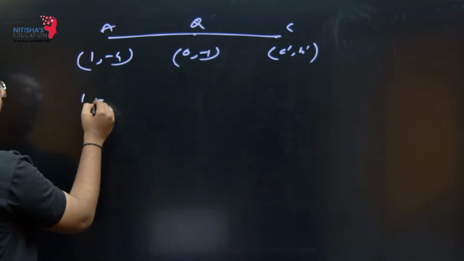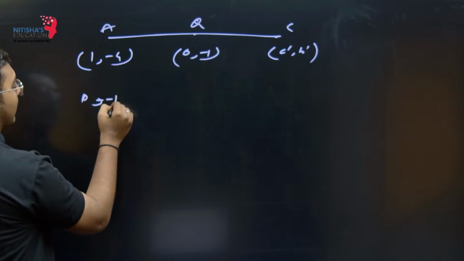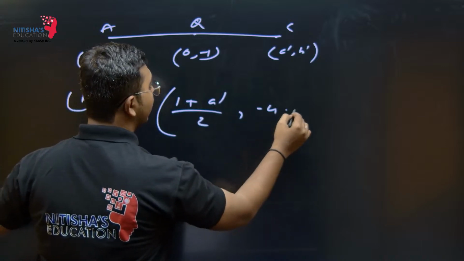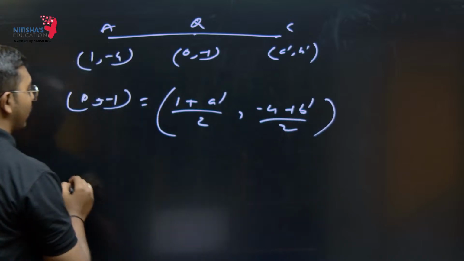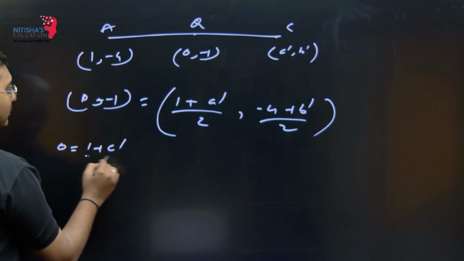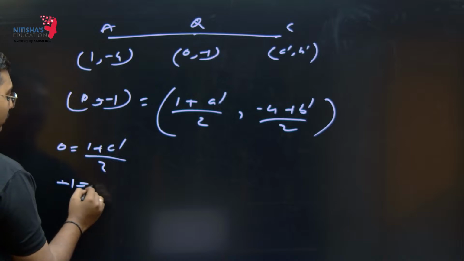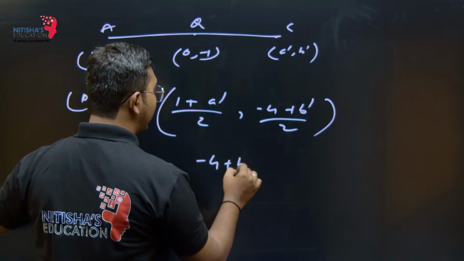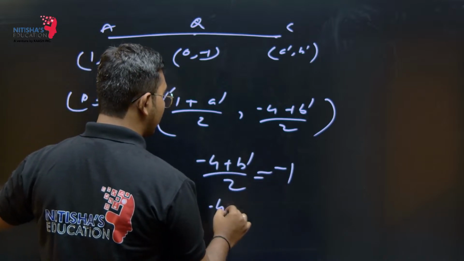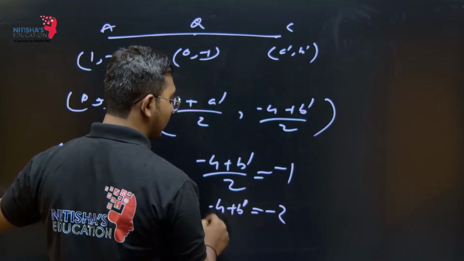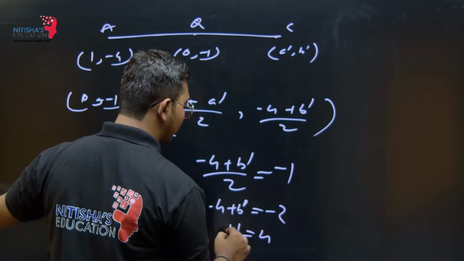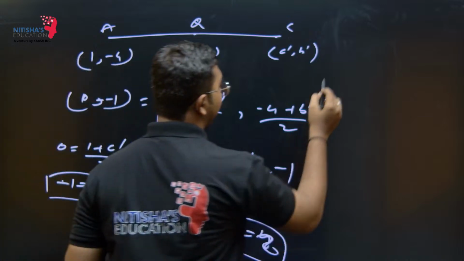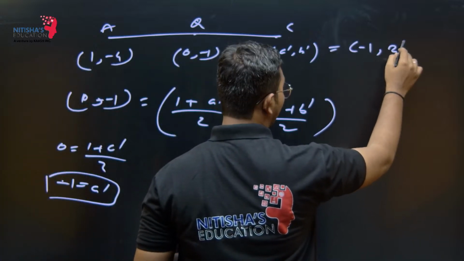Now 0 comma minus 1 is equal to 1 plus A dash by 2 and minus 4 plus B dash by 2. So 0 is equal to 1 plus A dash by 2. Minus 1 is equal to A dash. Here we will get the A coordinate. Minus 4 plus B dash by 2 is equal to minus 1. Minus 4 plus B dash is equal to minus 2. This goes this side. B dash is equal to 2. So the coordinate of C is given by minus 1 comma 2.